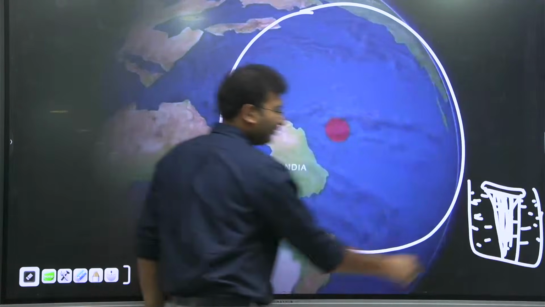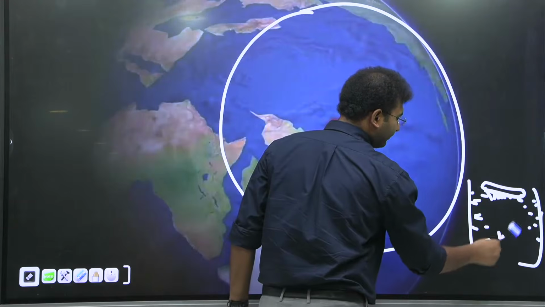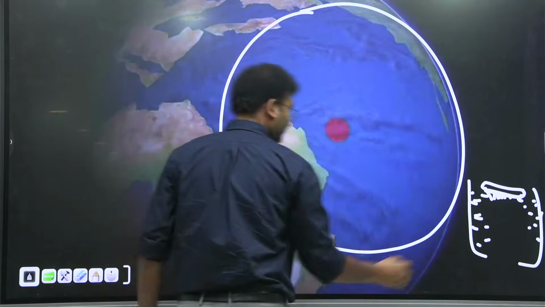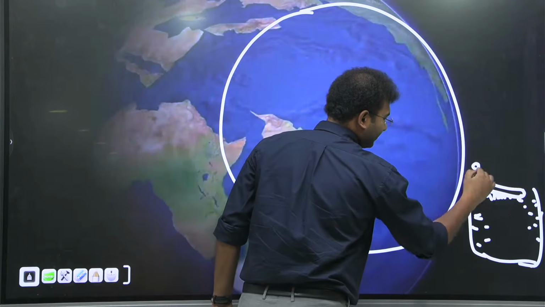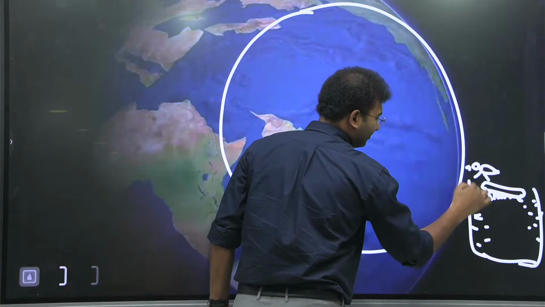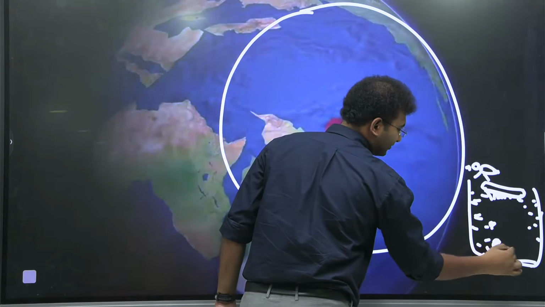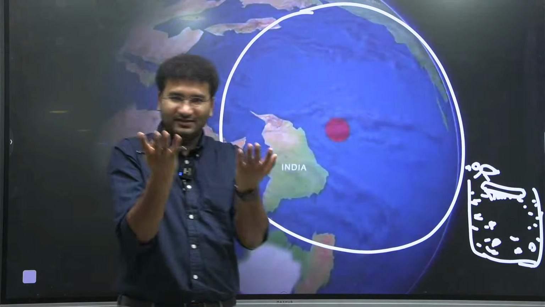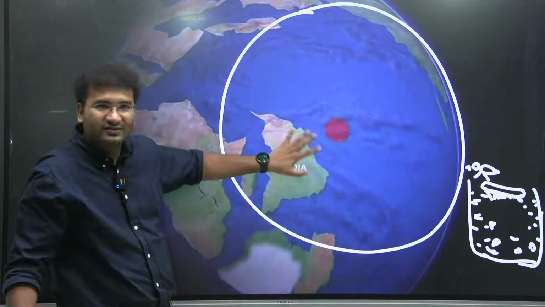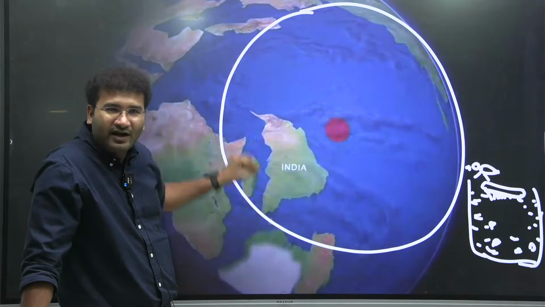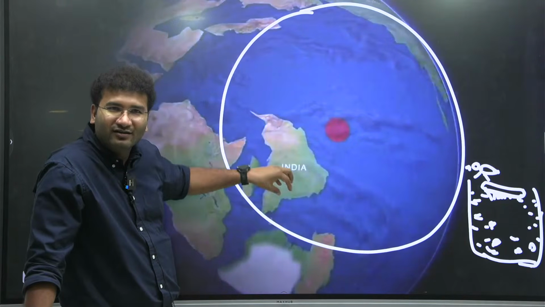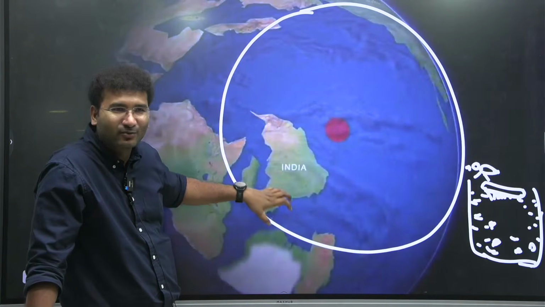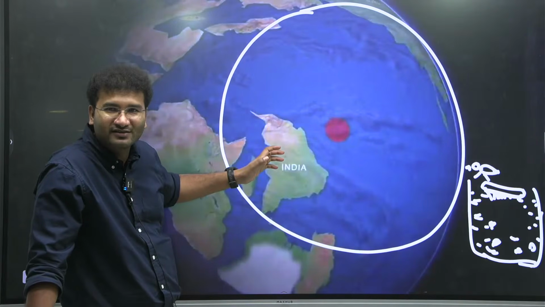What if I put a crow and ask this crow to put some stones? What happens to the water? Water will rise. Now imagine to this ocean, if I am adding more and more stones at the bottom of the ocean, will the sea level rise?